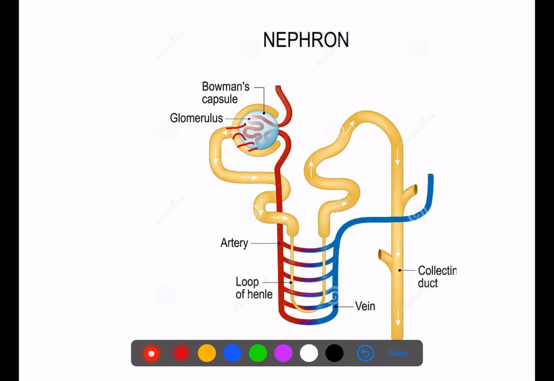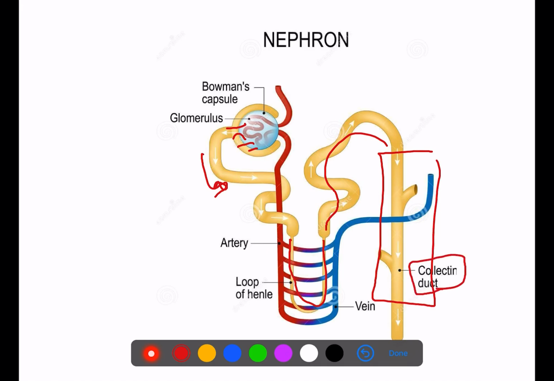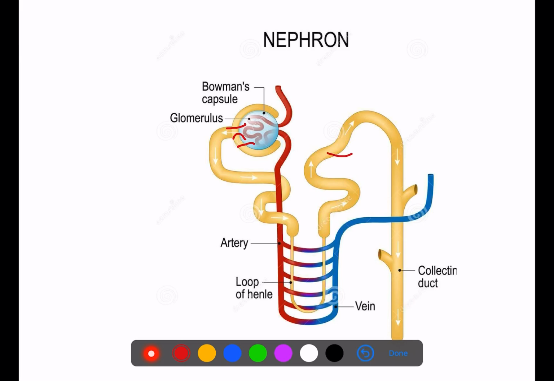Then histologically we have the descending loop of the tubule, the loop of Henle, and at last the ascending tubule and the main collecting duct, which collects urine from many nephrons, or from many tubules. There is a tubule from here, a tubule from here, a tubule from here. All of them put urine into the collecting duct.